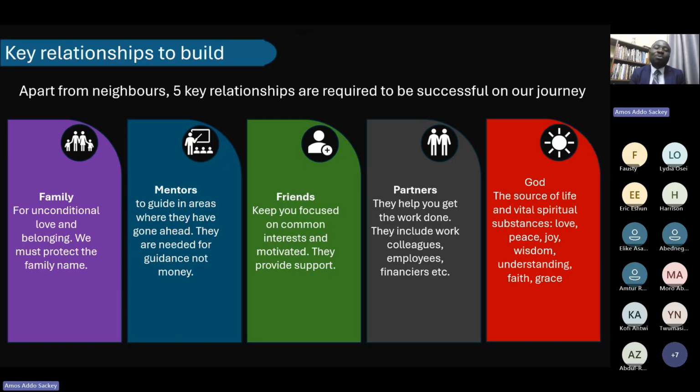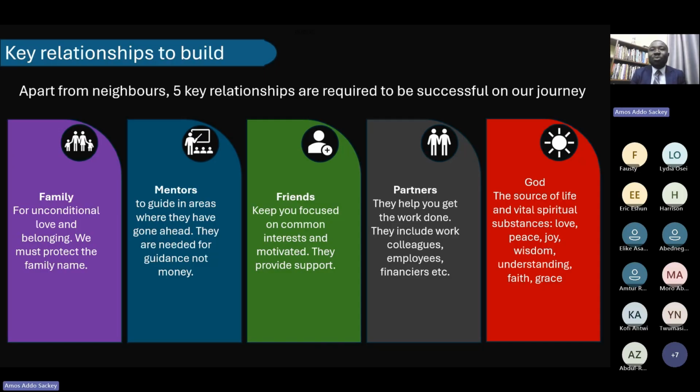Then we need mentors. Mentors are people who have gone ahead of us, and where we want to go, they have been there. And so they are willing to help us get there.